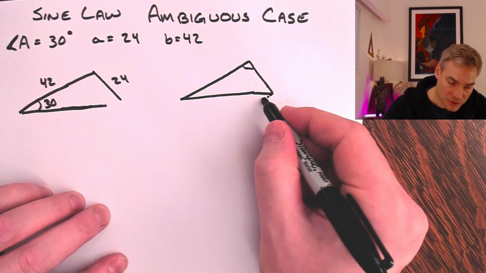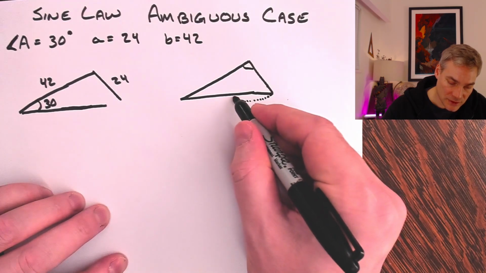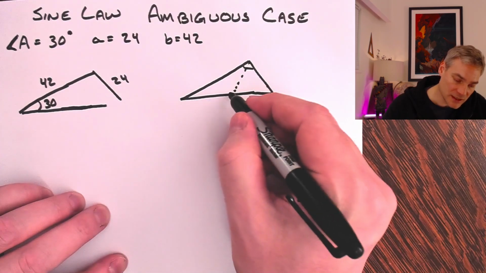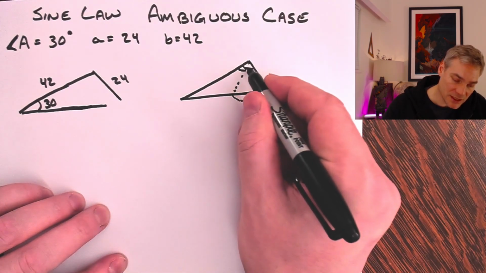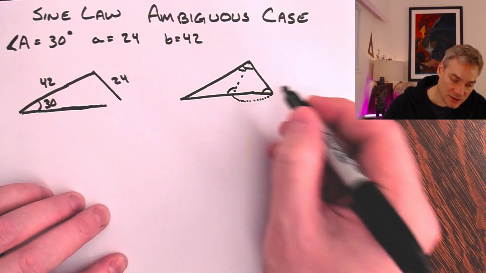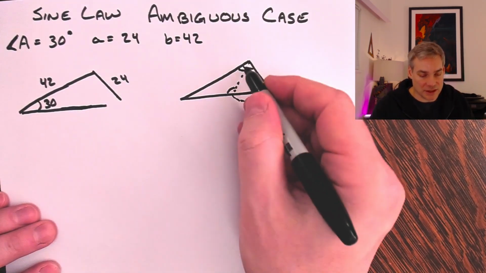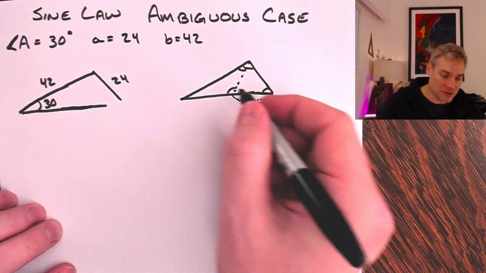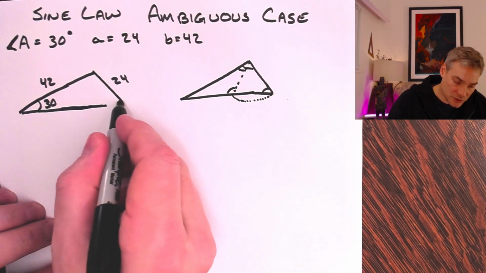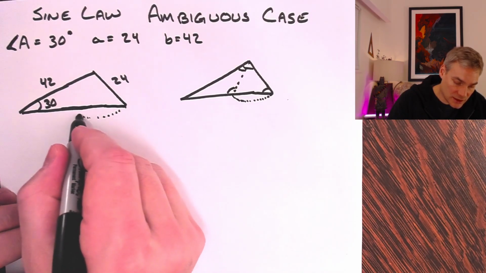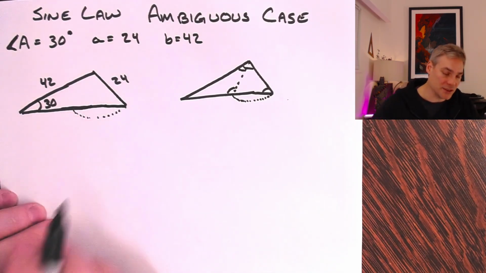What if this rotated and it intersected it here? And there's another angle. So we have this angle as well and this angle. These angles are different, as are these two angles. So we need to know, does this intersect it just once or does it intersect it twice? So that's the ambiguous case.